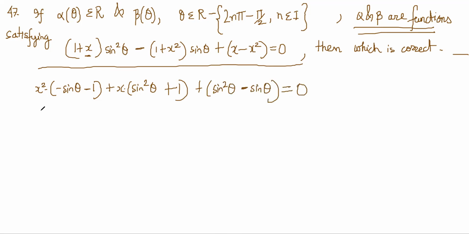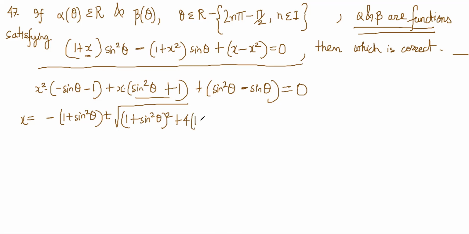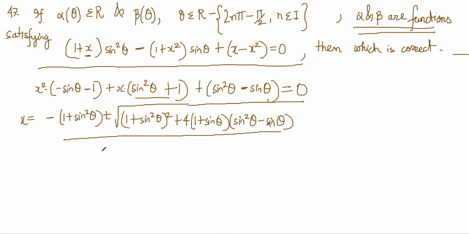This is my quadratic in x. Alpha and beta satisfy this quadratic, so x should be equal to minus b plus minus square root of b square. B square is 1 plus sine square theta whole square, minus minus, so this becomes plus, so plus 4 times 1 plus sine theta into sine square theta minus sine theta, by 2 times a, 2 times minus sine theta minus 1.